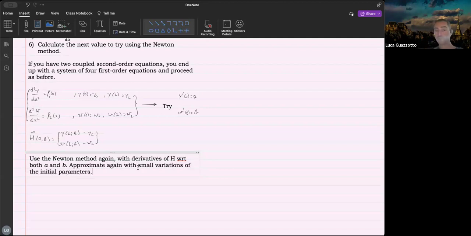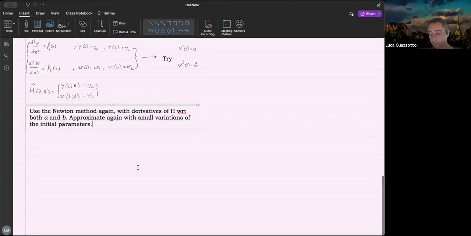What you do is pick an A and a B, and then redo the calculation. Maybe I'll write it explicitly by hand. It's going to be faster.